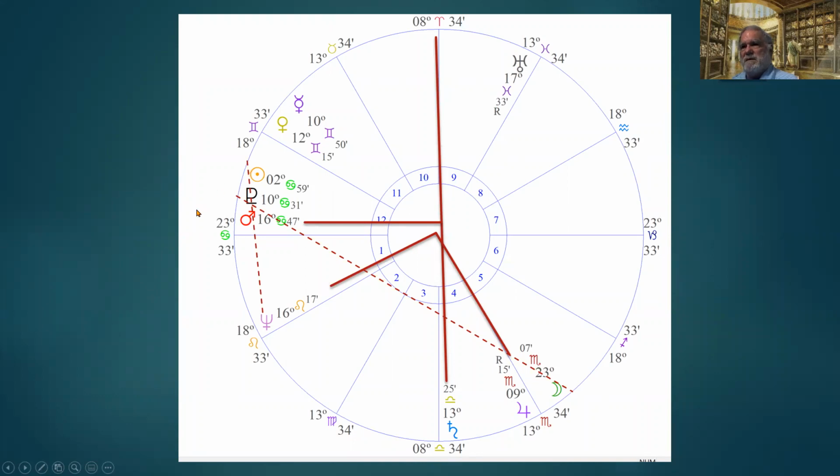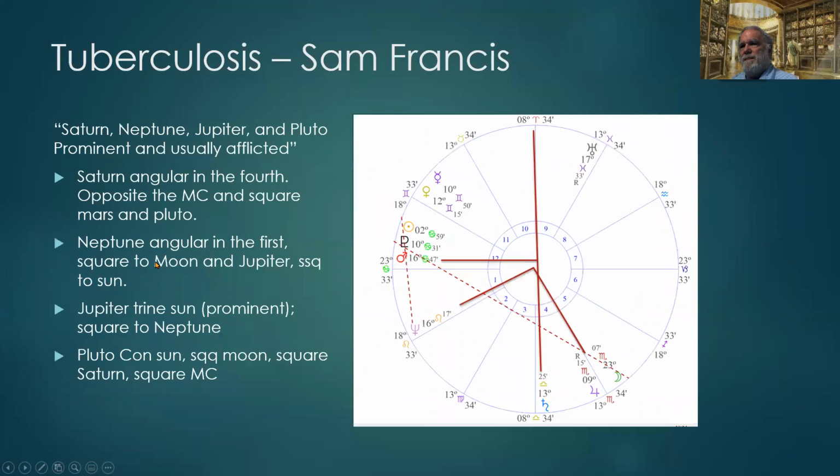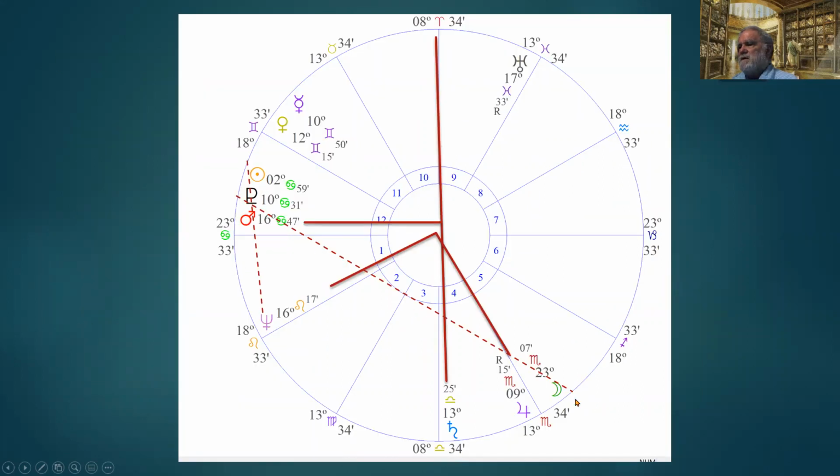So that's our discord. Jupiter is trine to the sun, which gives it prominence. It is also angular down here, but it's also square to Neptune.